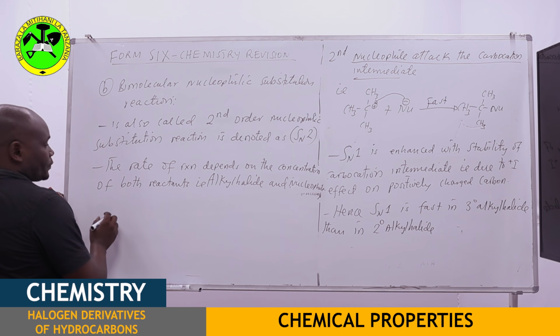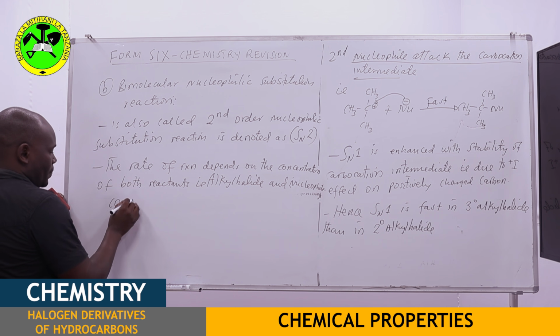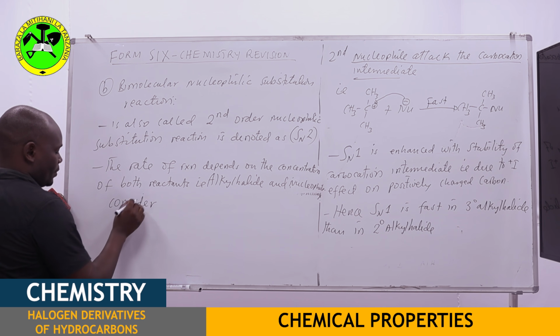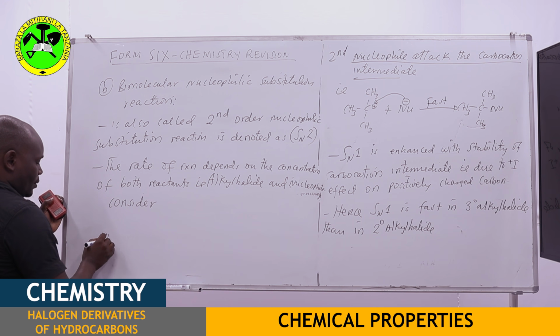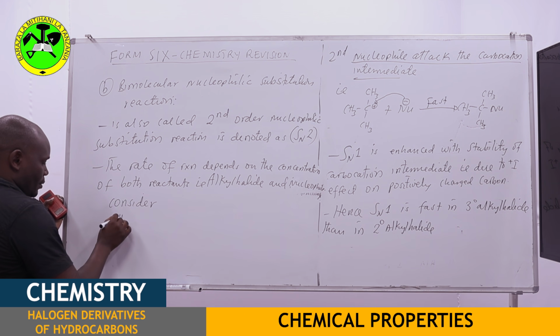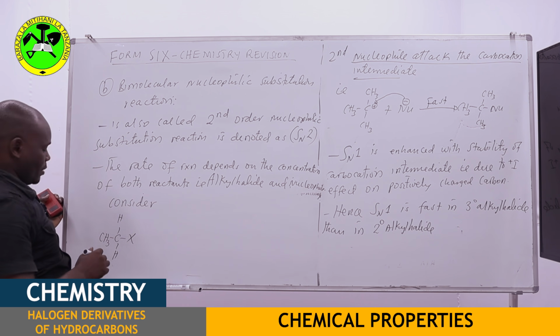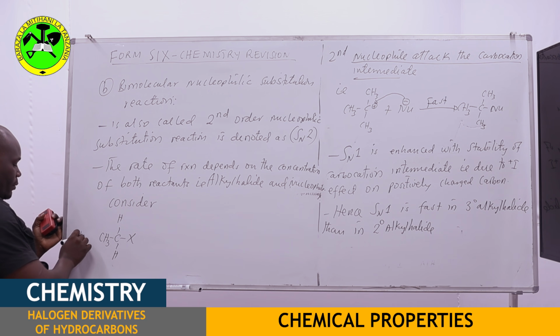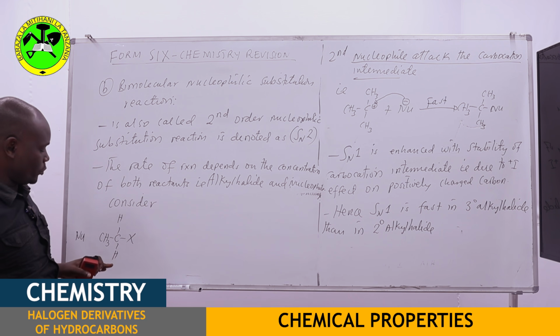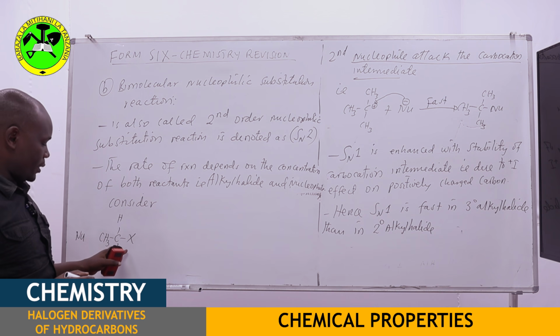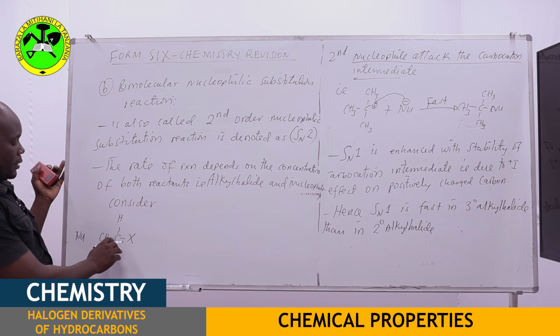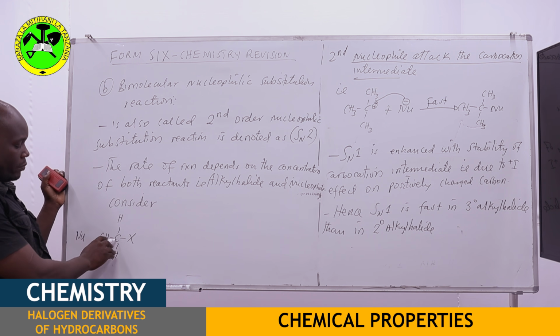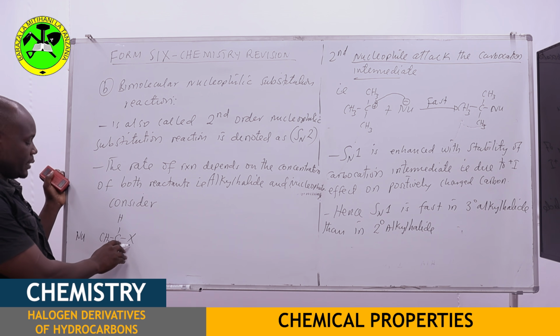Now consider this example whereby you have the nucleophile. So due to weak steric hindrance, the halogen makes the carbon positively polarized while the halogen becomes negatively polarized.